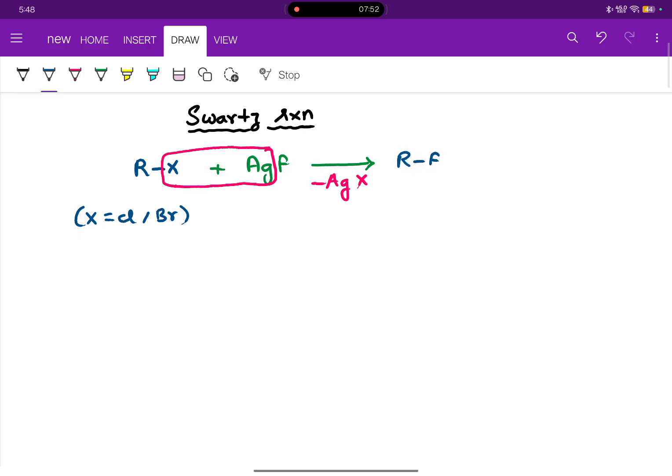So what is the application of the Swarts reaction? This reaction is useful in preparing chlorofluorocarbons, CFCs. Yes, sir. So what is a chlorofluorocarbon? For example, you take carbon tetrachloride and treat it with 2 moles of AgF.